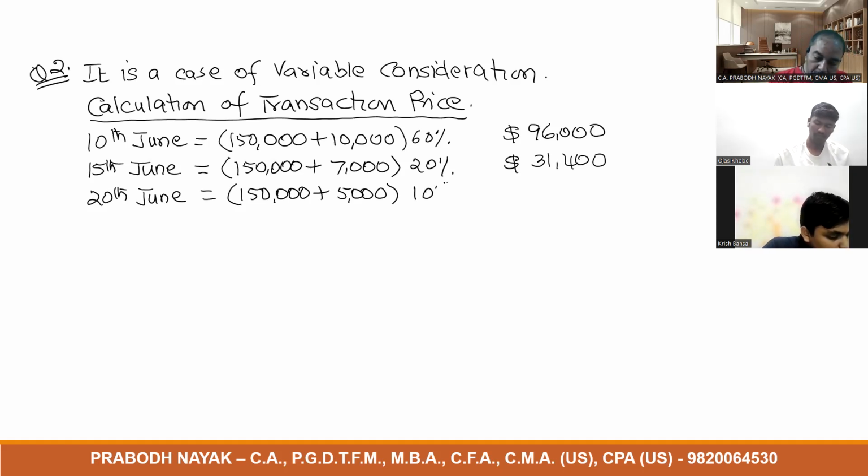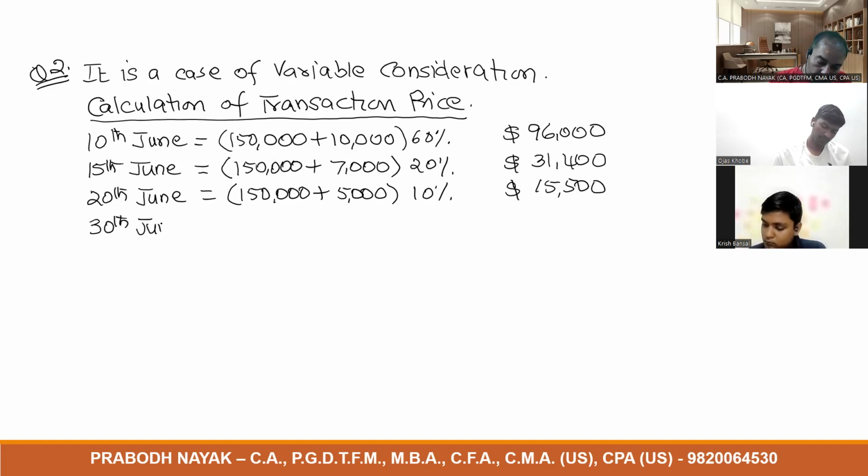And this is 10%. 155, 10% is 15,500. 30th of June, no bonus. 10%, 15,000.